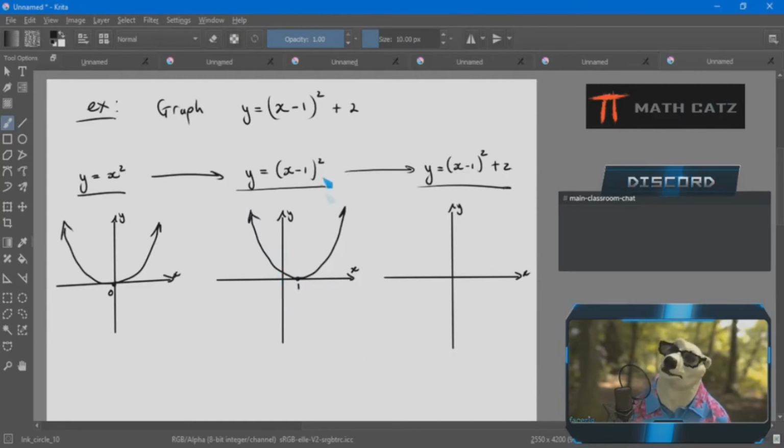Then another transformation from this current version to the new one is a change, keeping the right-hand side the same, adding a 2 to that whole right-hand side. That corresponds to a vertical shift up by 2 units. Wobbliness.